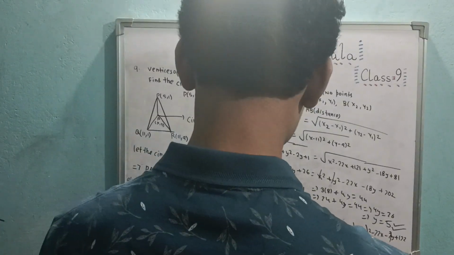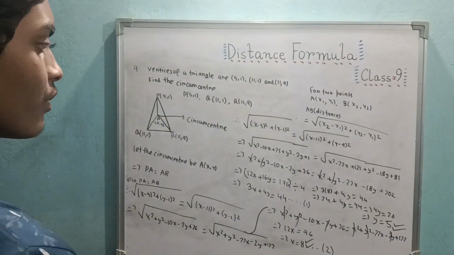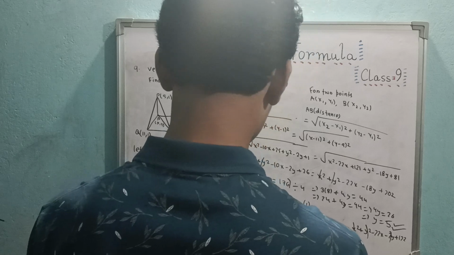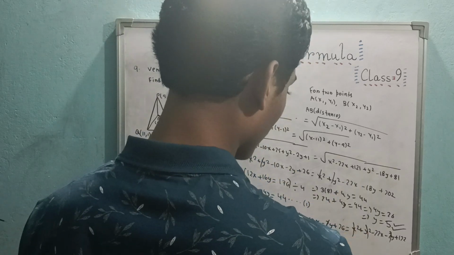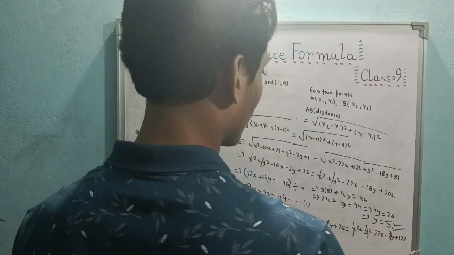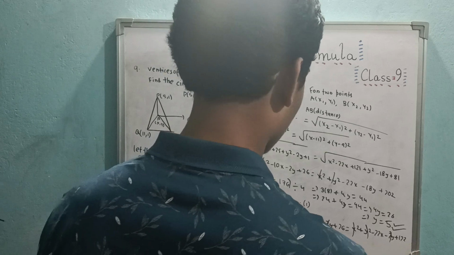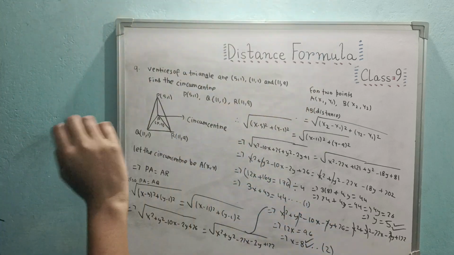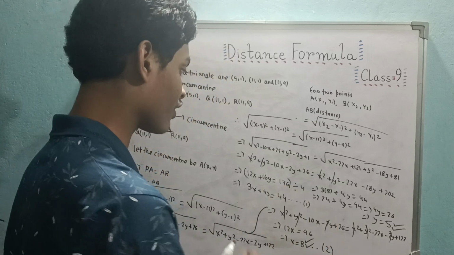I'm just checking one thing, guys. Yes, it is minus 2y, obviously. After calculation, in both steps do the square to remove the root. Then you see x square and y square get cancelled, minus 2y also gets cancelled. Then 12x equal to 96, so x equal to 8. Now using this value of x, I will substitute in equation number 1.